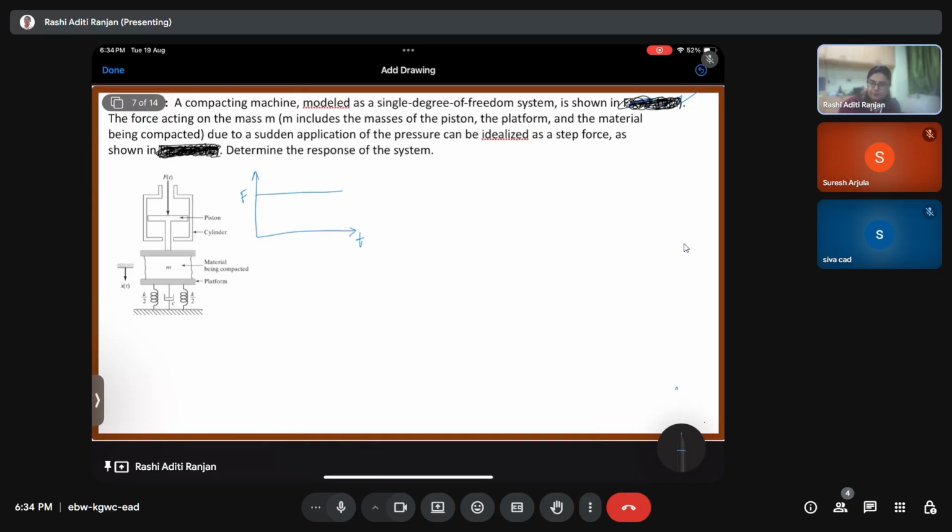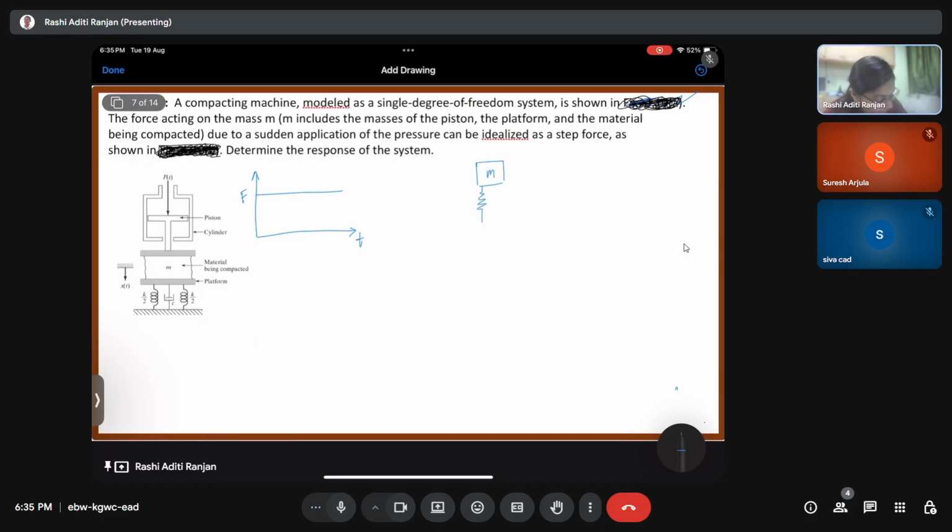Now, first thing is the spring constant. You can see that the spring is in parallel, so the effective spring constant is going to be K. Then we have a dashpot which has a damping value of C, and then we have mass M, which considers the total mass. Now we have a force F that is applied. So we have to consider it as a spring mass system.